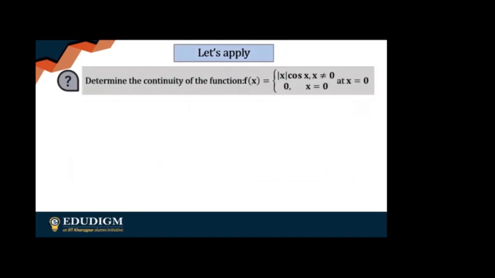Let's apply this and see how we can determine the continuity of a given function at a particular point. We have taken this function f(x), which is defined as mod x cos x when x is non-zero and 0 when x equals 0. We have to determine the continuity of the function at x equals 0.